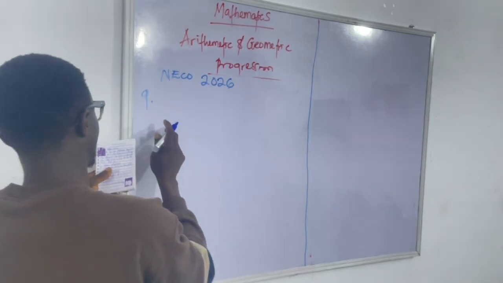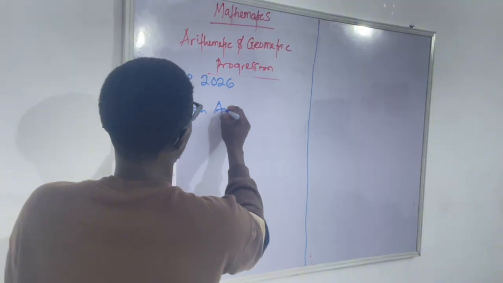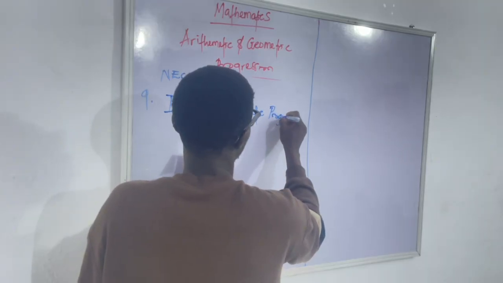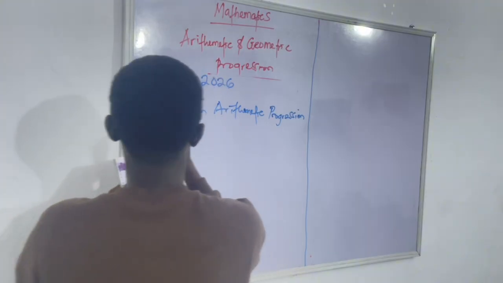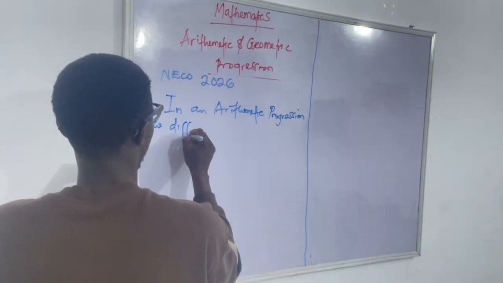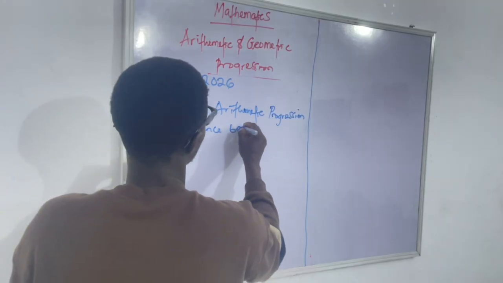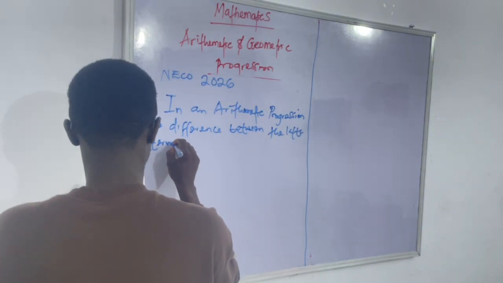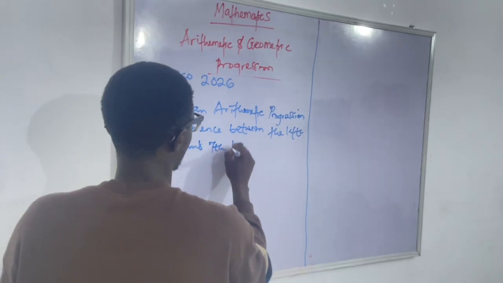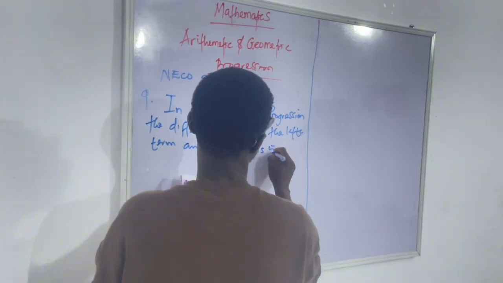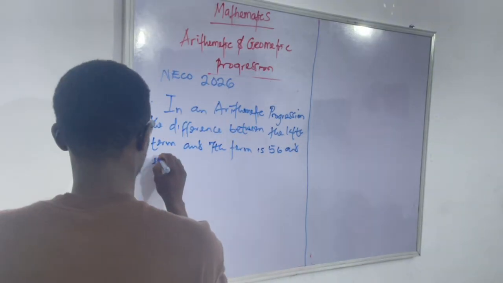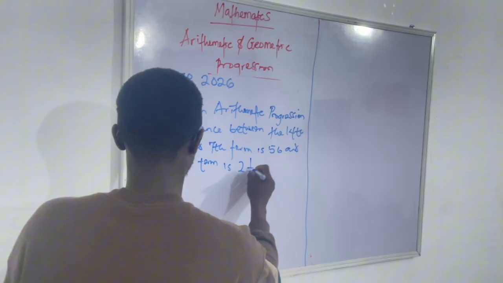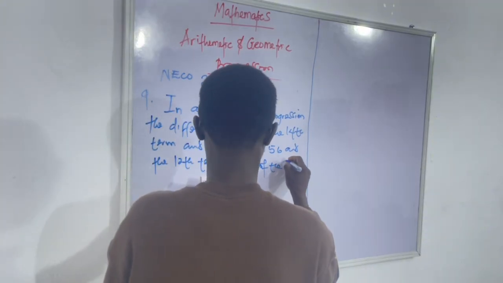So NECO 2026 question 9. It said, in an arithmetic progression, the difference between the 14th term and 7th term is 56, and the 12th term is 2 number 1 over 3 of the 4th term.